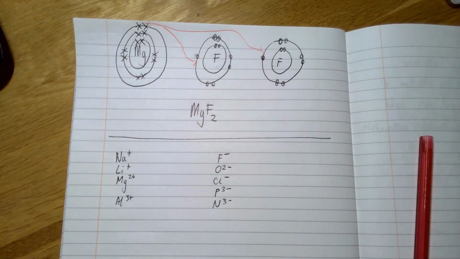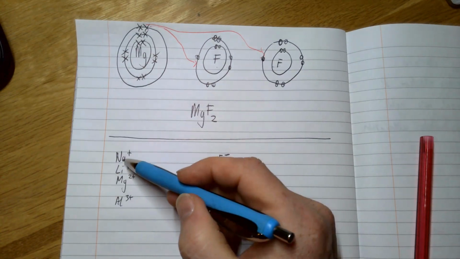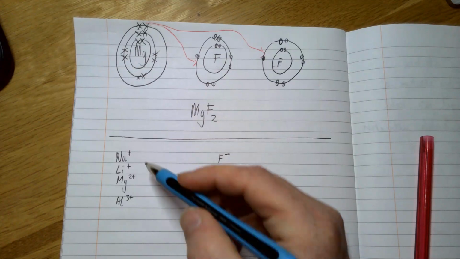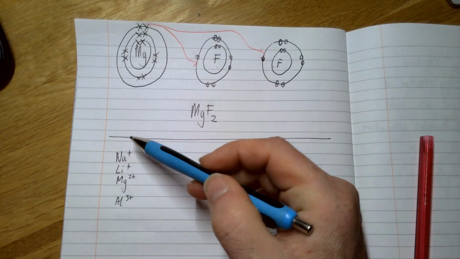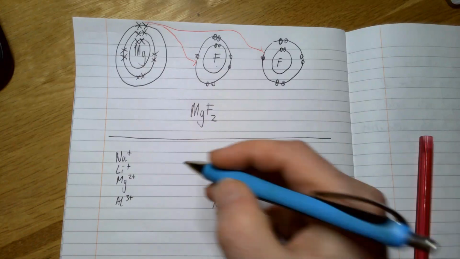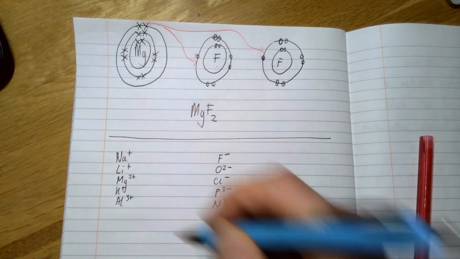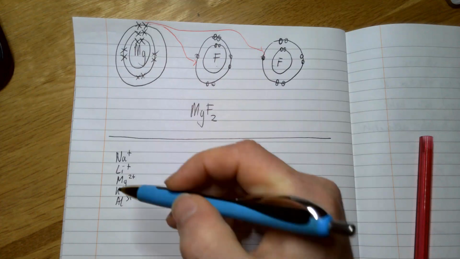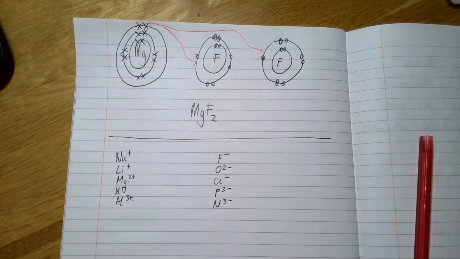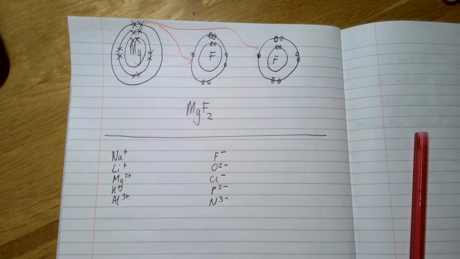So using this logic, you can work out the formula of any ionic compound. You first of all decide what the charge on the ion would be. The metals will all be plus, but if they're in group 1, like lithium and sodium and potassium, there'll be 1 plus. Or if they're in group 2 or group 3, there'll be 2 plus or 3 plus, like magnesium and aluminium there.